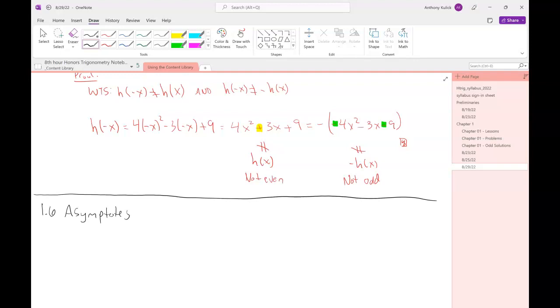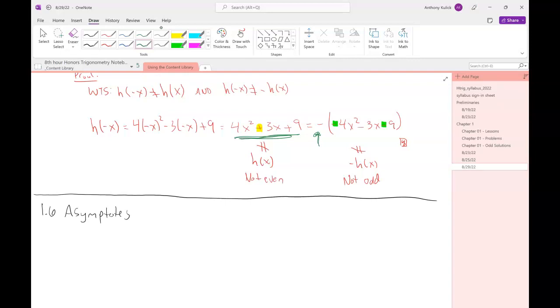I'm a little puzzled on the negative 4x squared, the green stuff. I'm a little confused about what you did there. Okay. So all I did was I took this and factored out a negative sign. So everything that was positive turned negative and everything that was negative turned positive.